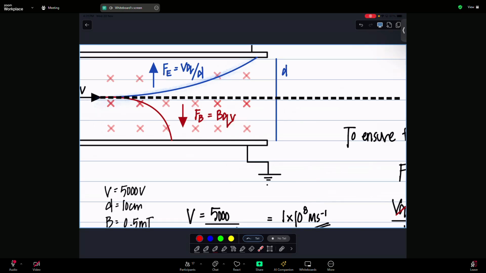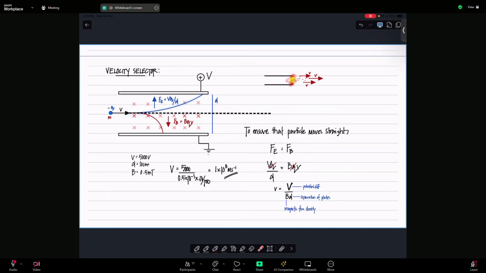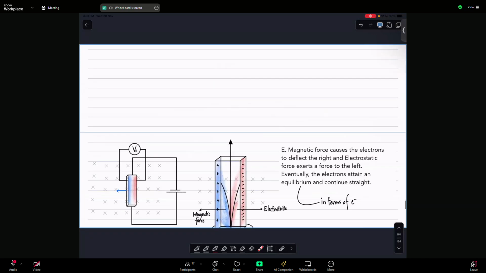And what if the velocity is higher than this? Then this increases, and which way does it deflect now? Downward. So the only time the particle can go straight through is if the velocity is exactly that value. So it's like a filter for that value. Right, so this is your velocity selector, and yeah, so copy it down.